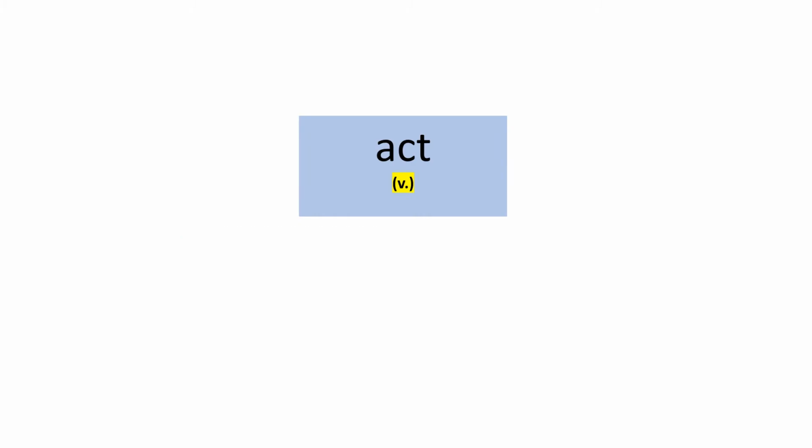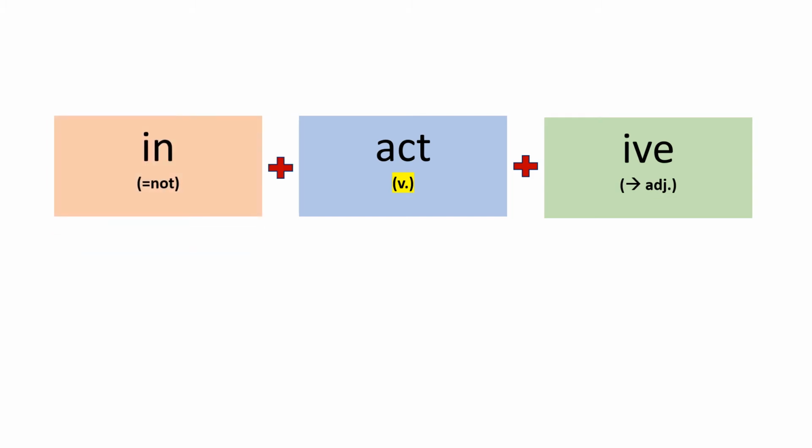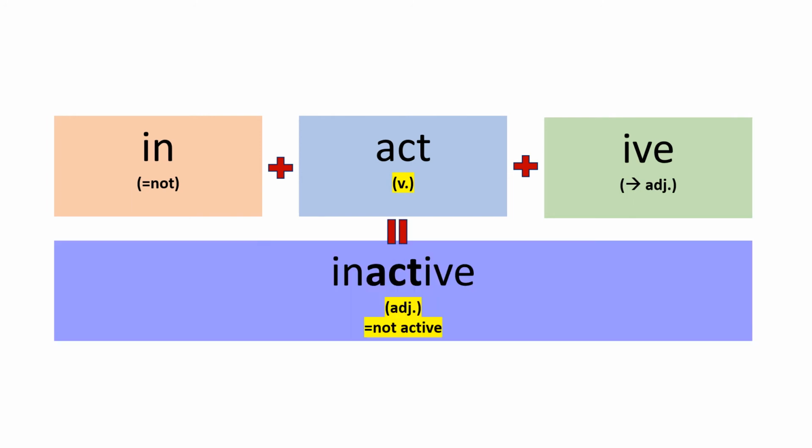When we add the suffix if to the root word act, it is changed from a verb to an adjective, active. And when we add the prefix in, the meaning is changed to the opposite, inactive, which means not active.